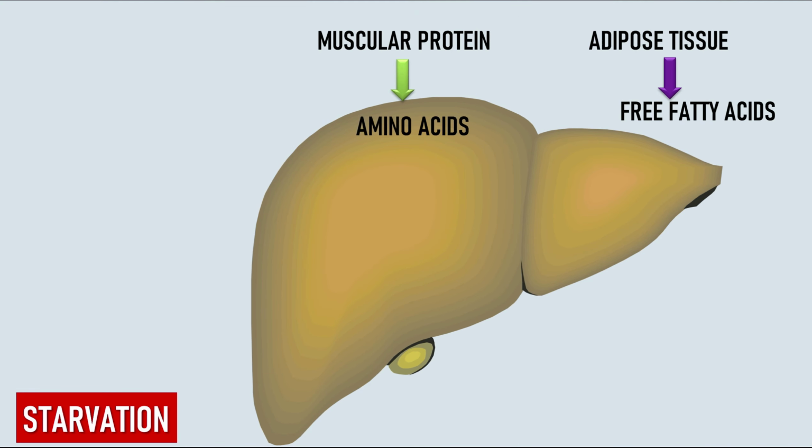Let's look at those processes. So we have muscular protein that's broken down into amino acids and adipose tissue broken down to free fatty acids. And once insulin has been discontinued and insulin levels remain low, there is rapid breakdown of both fat and muscular protein. Protein breakdown may be glycogenic to make glucose or ketogenic to make ketones.